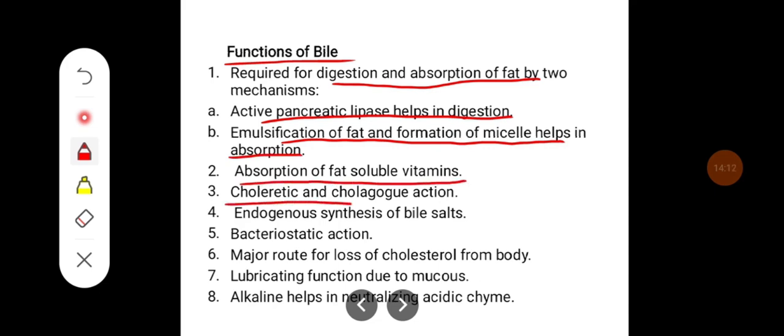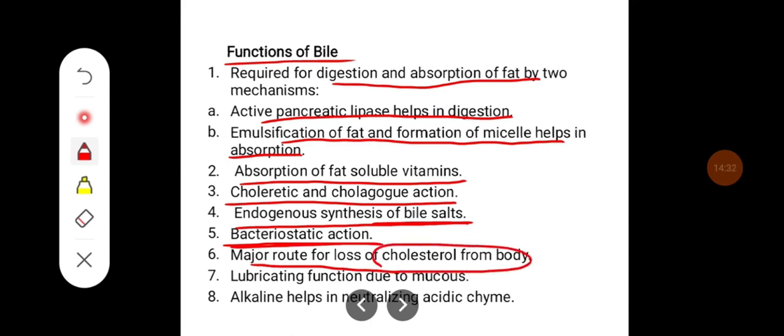It has choleretic and cholagogue actions, and it is important for endogenous synthesis of bile salts. It has a bacteriostatic action, and it is a major route for loss of cholesterol from the body. It has a lubrication function due to the presence of mucus, and its alkaline nature helps in neutralizing acidic chyme.